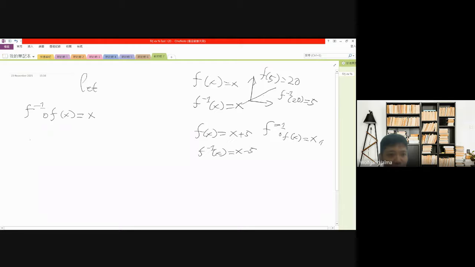So we have d f inverse over df times df dx equals to, we derive the left side, we also derive the right side, dx dx. Now this thing is equal to 1. So what we have is the derivative of f inverse, df inverse, equal to 1 over df dx.